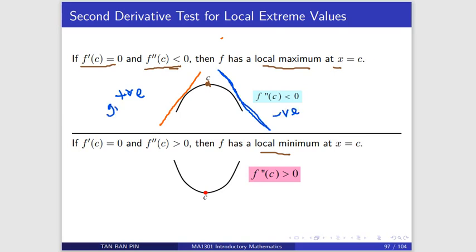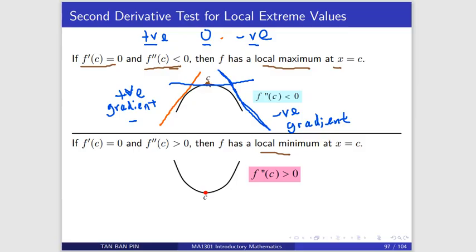So from positive gradient, then at C is 0 gradient, then negative gradient. So you'll find that the gradient decreases, from positive to 0, then to negative.